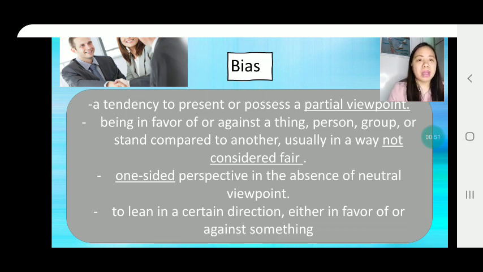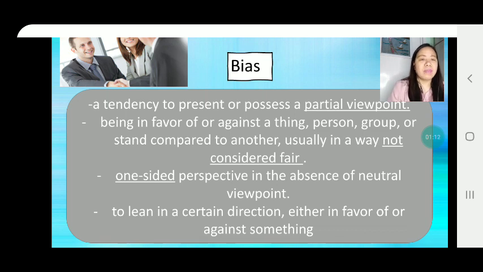Another is bias in a one-sided perspective. When we say perspective, that's how you view a thing. When we say one-sided, you just look at only one side, even though there are other sides about the characteristic of that thing or that person, you ignore it because you are just one-sided.